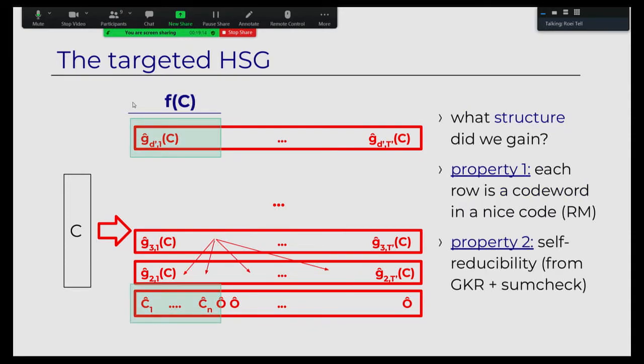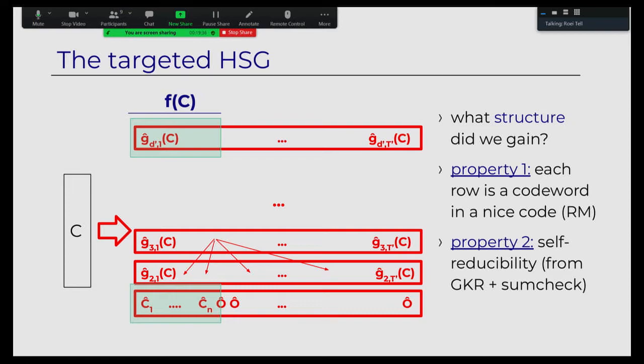Well, first, every row is a code word in a good code, in the Reed-Muller code by definition. Fantastic. Secondly, we have this downward self-reducibility property by sum check. So for each fixed row, if you give me oracle access to the row below it, I can compute each entry quickly, say in time n squared. Fixed polynomial time.